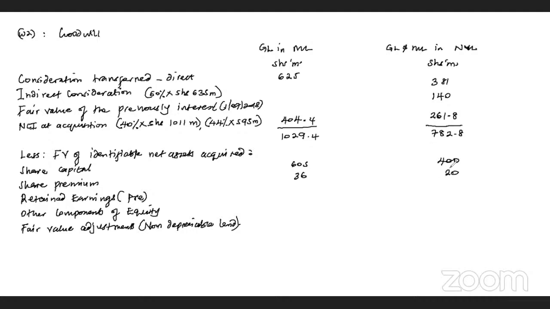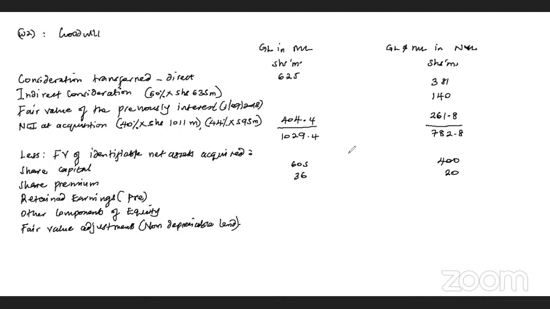They are likely not to change unless the subsidiaries have issued shares during the post-acquisition period. If there is no issue of shares during the post-acquisition period, then you just copy those figures for share capital and share premium. Those are assumed to be the same values, even at the dates of acquisition.